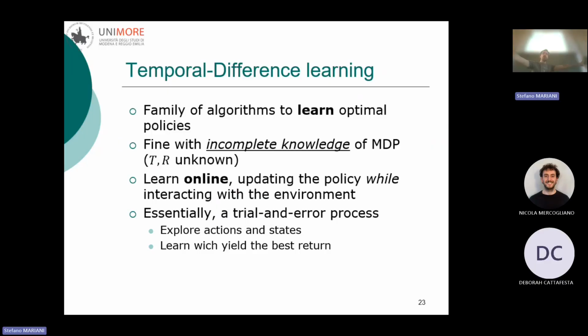I need to explore the environment, to explore the actions and states. What if I go up? Okay, nothing bad happened, nothing good happened. Let's go up again. Okay, nothing good happened, nothing bad happened. Let's go up again, nothing changed, I bumped into a wall. Okay, maybe I should do something else in that state. Let's try to go left. No, bumping into the wall again. Let's go down.